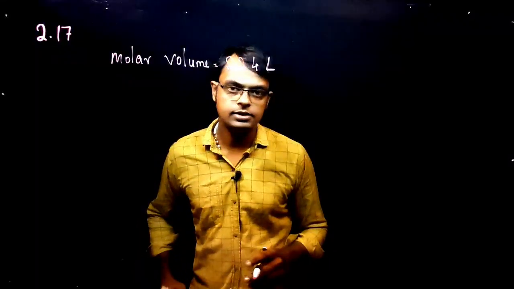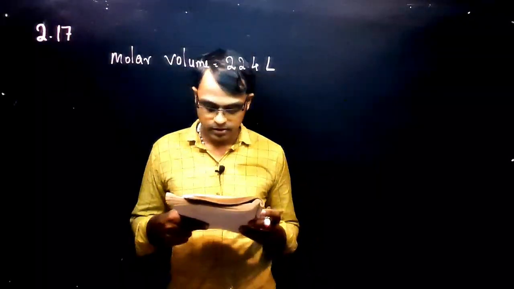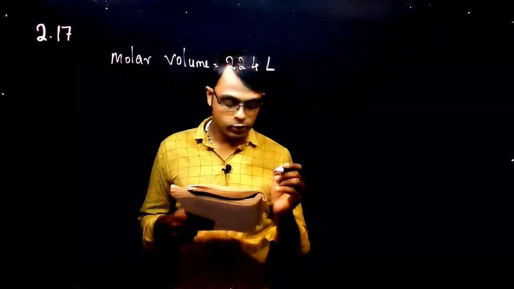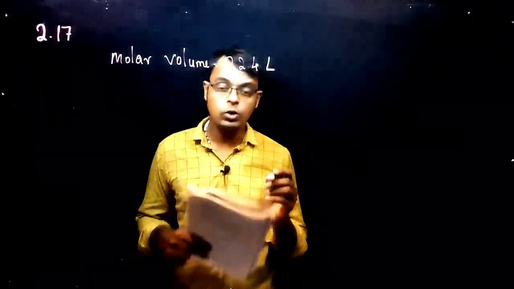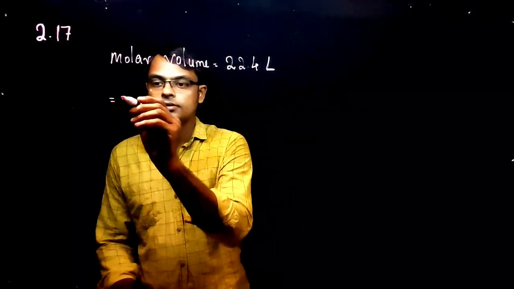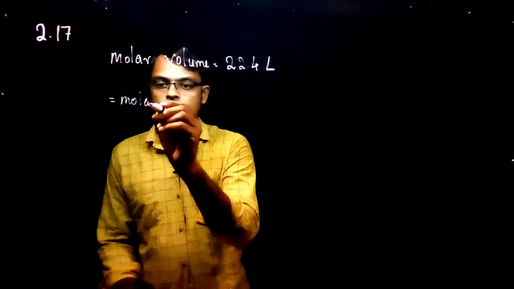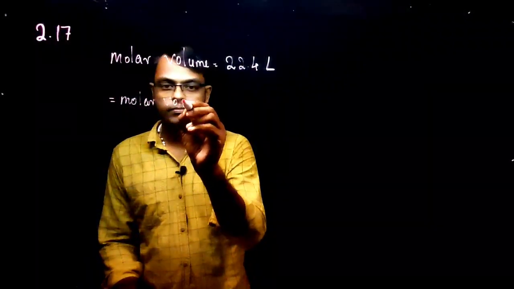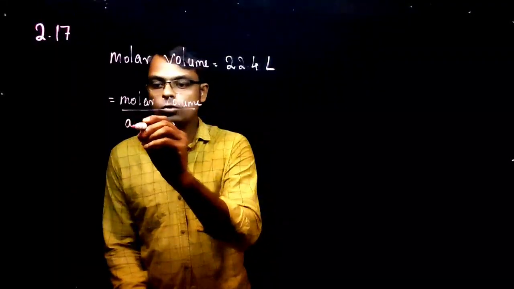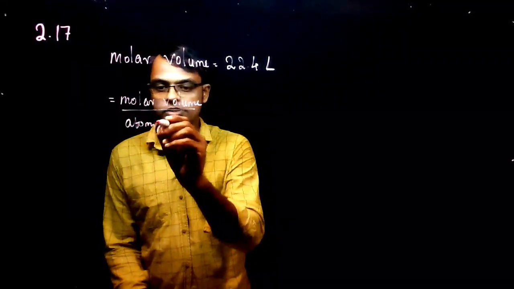What is the ratio of molar volume to the atomic volume of 1 mole of hydrogen? That means you have to calculate here the ratio of molar volume to the atomic volume of hydrogen.